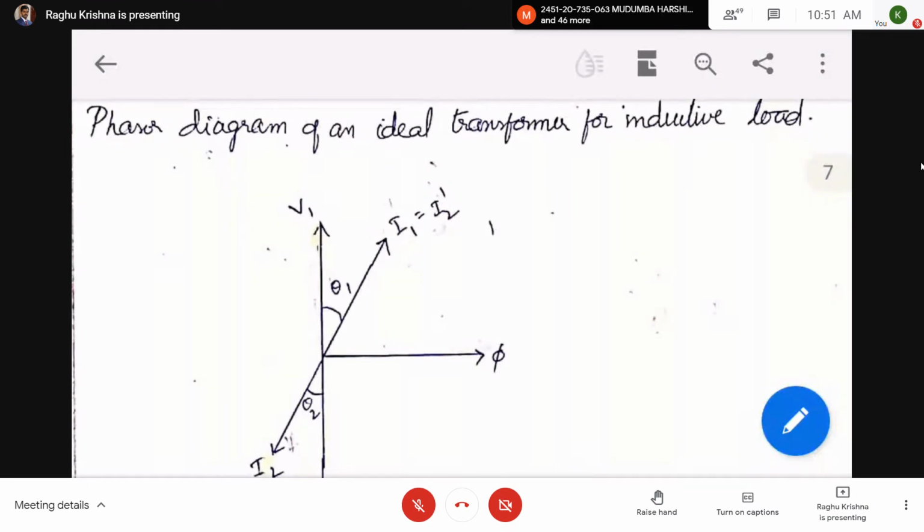I2 by I1 is 1 by K. So you are going to get I2 as I1 by K. Or in other words, I1 is equal to K into I2. Is it clear?